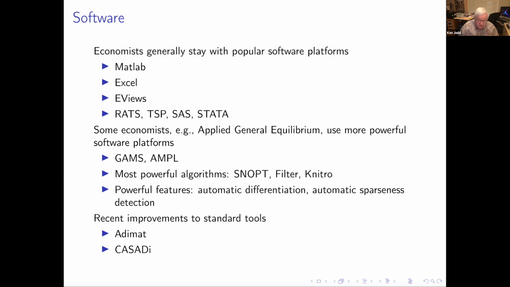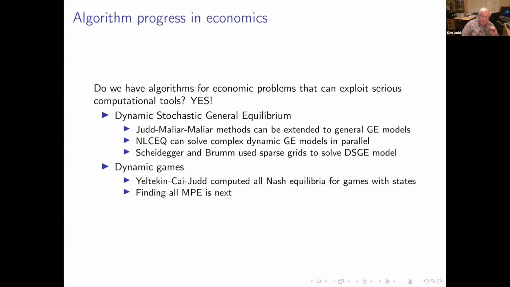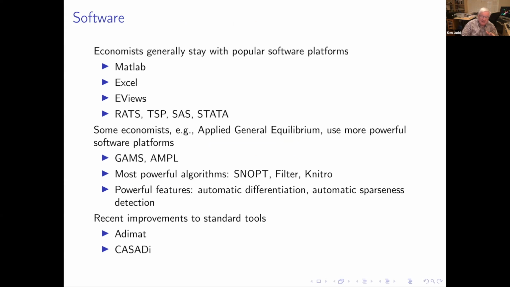So some of those features of GAMS and AMPL are now available if you use ADiMat or CasADi and MATLAB code. So there's been progress on that. But the thing is that this is all still basically desktop kinds of stuff.